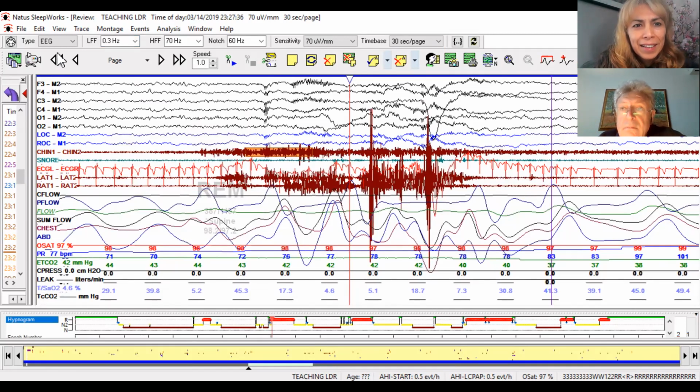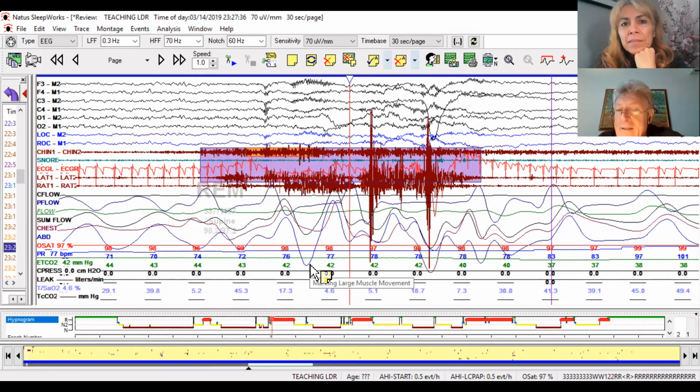Yes. The problem of REM without atonia is to define how much is allowed, because there are arousals during REM sleep. By definition, they must have an increase in muscle tone. If not, they are not arousals. There must be a movement. So by definition, we do have arousals and we do have activity during REM.